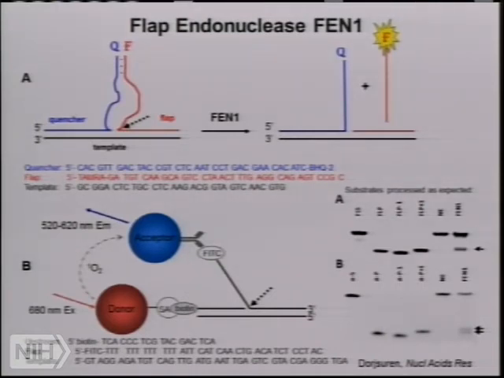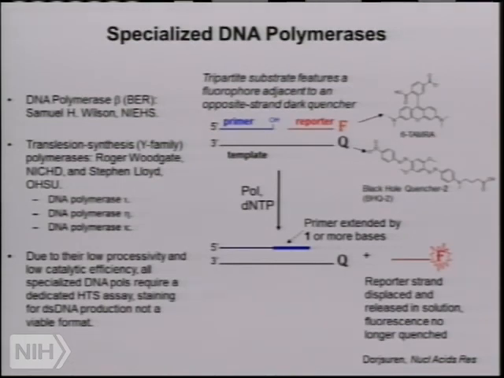And again, placement of these moieties at the end of the substrate allows the FEN1 enzyme to attach itself and do its job without interference from these extraneous pieces. We tested these substrates also on radioactive versions of these oligos to show that FEN1 indeed cleaved them at the expected positions. And we're now setting up a screen for FEN1 inhibitors using this format.